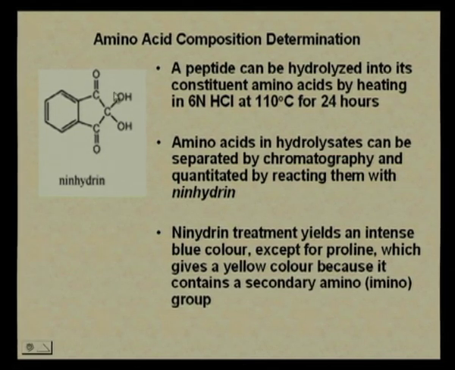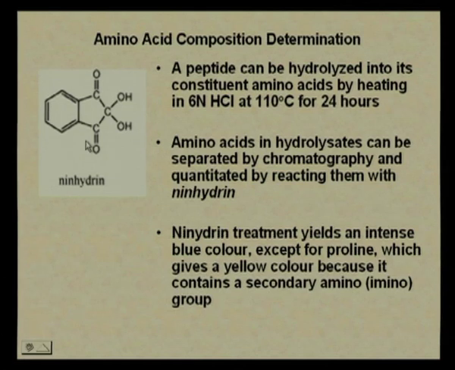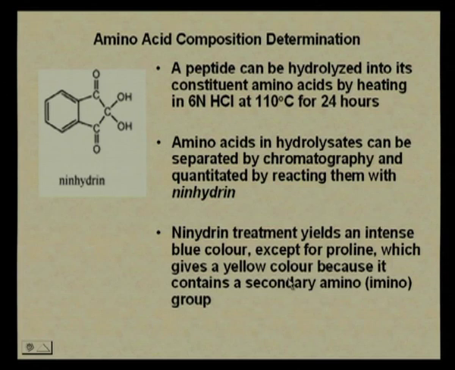Okay? This is usually done by what is called a compound called ninhydrin, which gives a purple color for all amino acids except proline. Okay? It is just like a dye that links up with the amino acids. They are quantitated by reacting them with ninhydrin. It gives an intense blue color except for proline, because proline is a secondary amine.